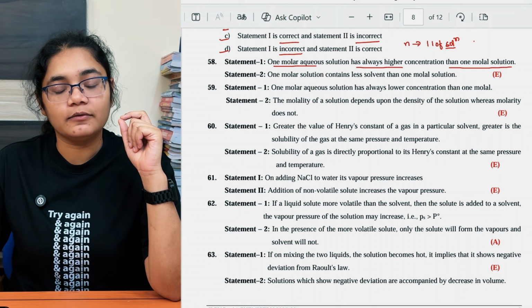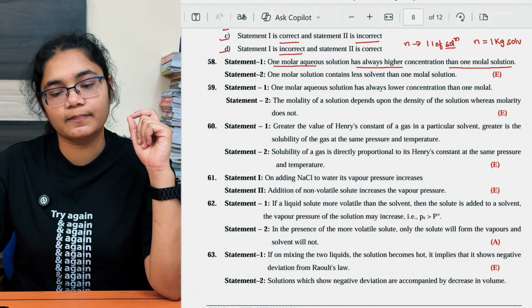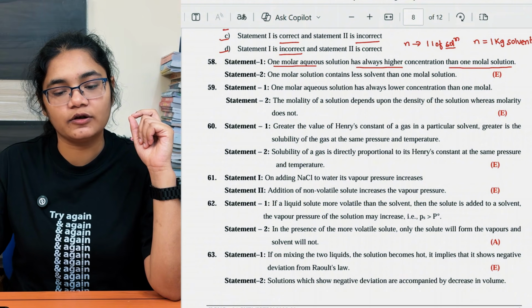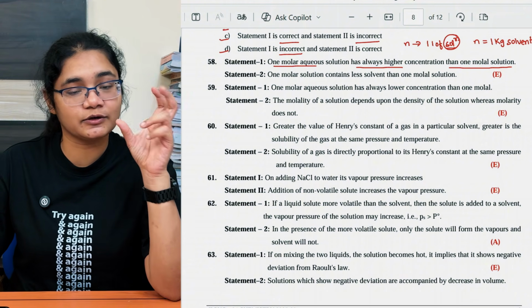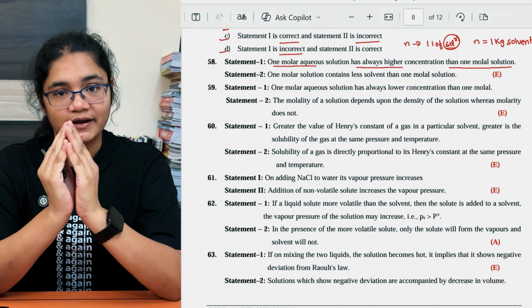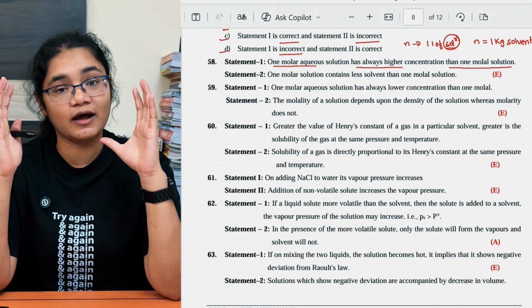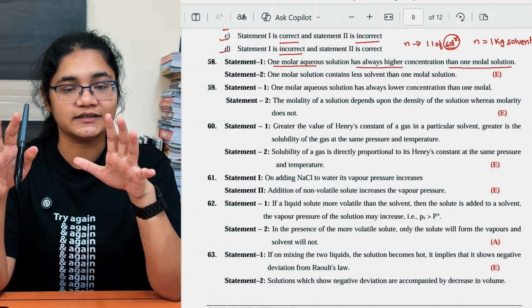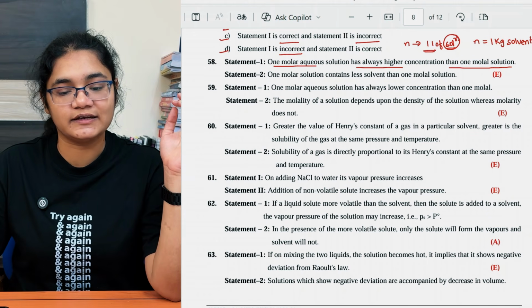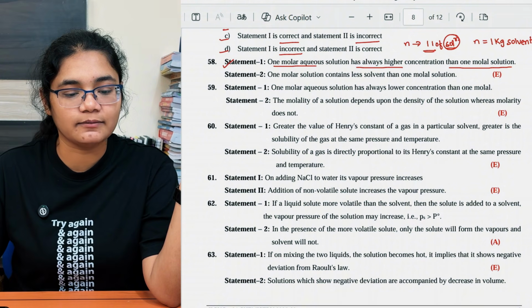But the molality is what? Number of moles in 1 kg of solvent only, right? So here the solvent amount is less because it has both solvent and solute. In a lesser amount of solvent, 1 mole is present, but in case of molality, in 1 kg of solvent, 1 mole is present. So since here the solvent amount is less, which is in the denominator, the concentration will be higher here. So this statement is correct.